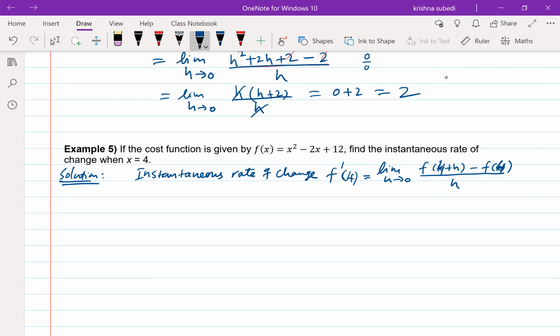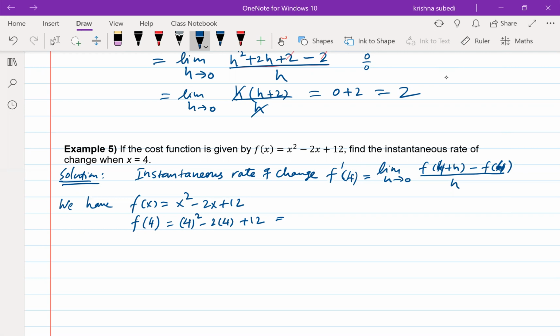So we are given the function f of x is x squared minus 2x plus 12. You need to find f of 4 plus h and f of 4. So let us find f of 4 first: 4 squared minus 2 times 4 plus 12.